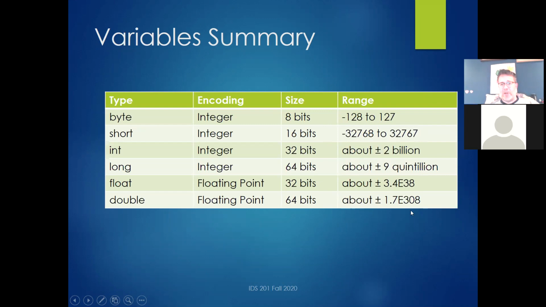It's just the decimal part is going to be a 0. So here, we don't have that many zeros, right? 2 billion is 9 zeros, so this probably has like 18 zeros. 18 zeros is a lot less than 308 zeros. So, key thing to keep in mind, the way this list is ordered, any number above can be fully represented by a number below, which means you can convert numbers going down the list without losing data.